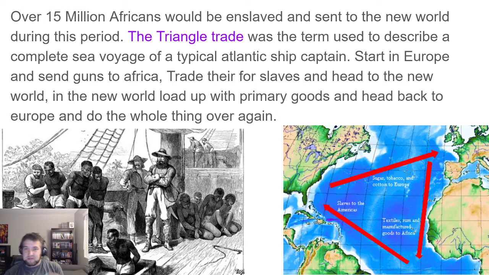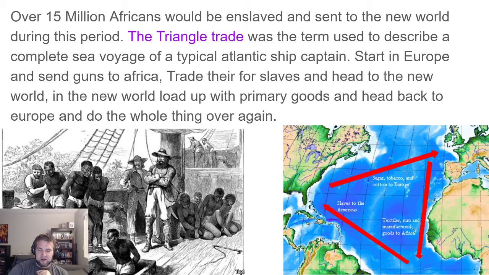Okay, 15 million Africans would be enslaved and sent to the New World during this period, and the triangle trade is the general term used for a standard procedure that a trading ship would do during this time period.